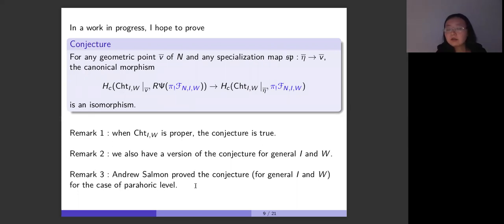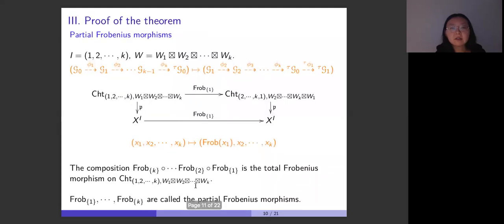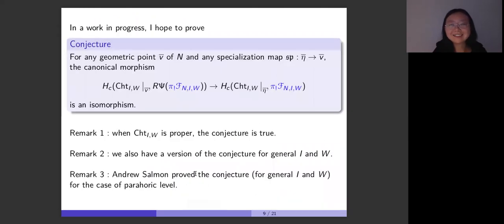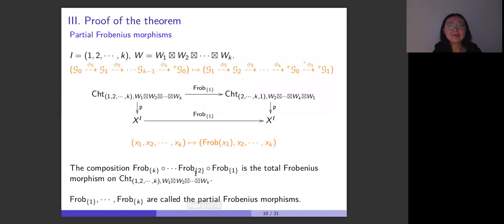So in the rest of the talk, I will talk about the proof of the theorem. Are there questions until now? So I continue.